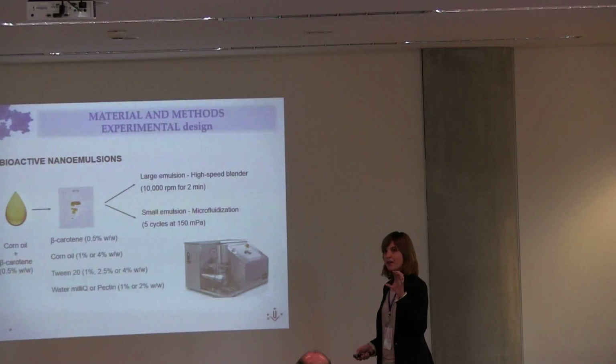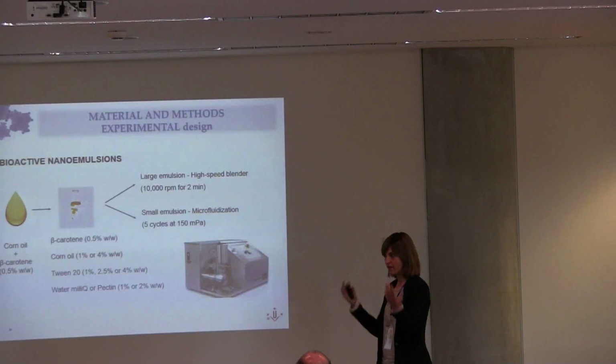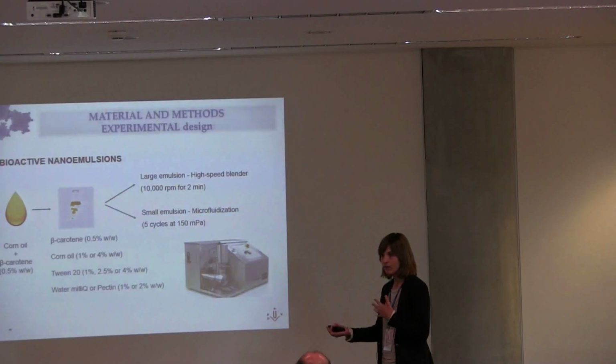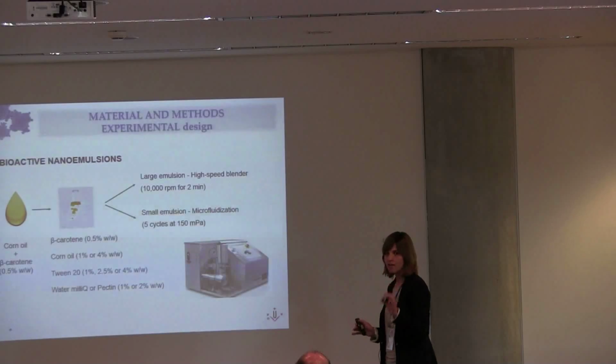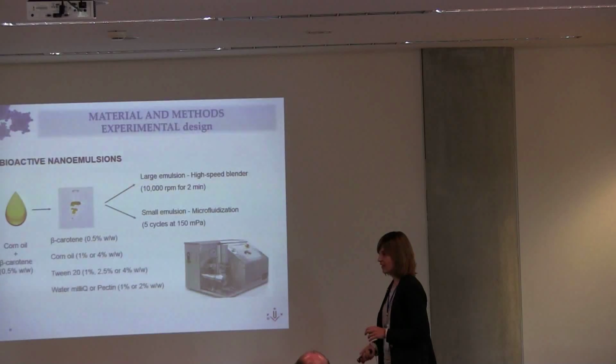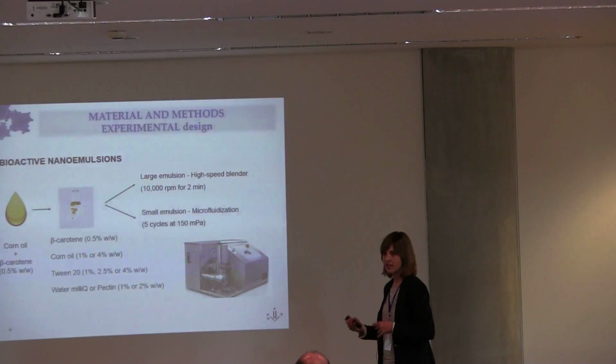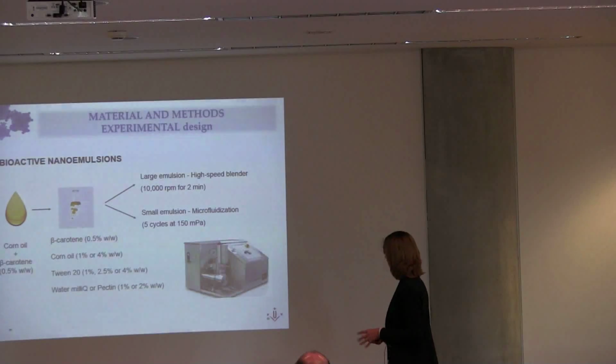With this enriched oil, we prepare the emulsion with the surfactant, a non-ionic surfactant, Tween 20, but there are a lot of them, and water. In some formulations, we also use a polymer, a high methyl esterified pectin.